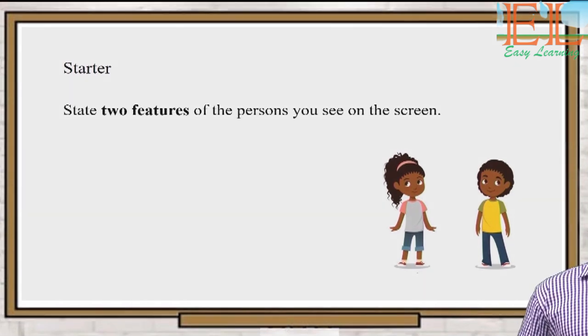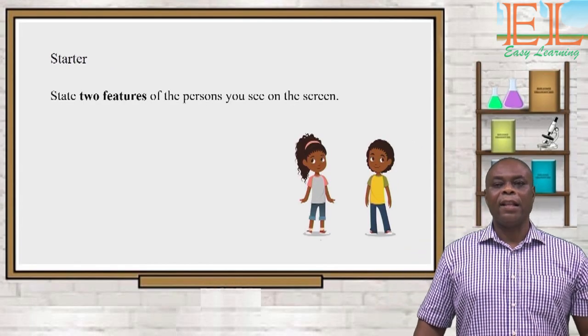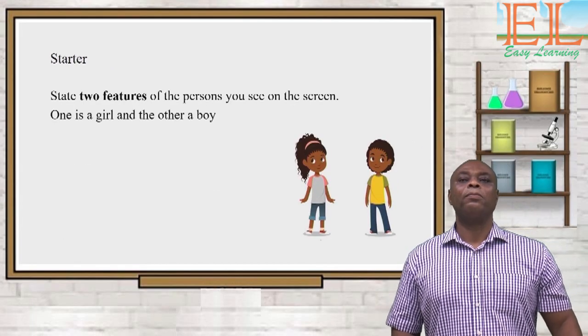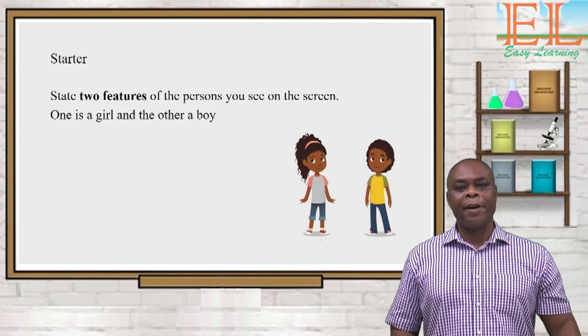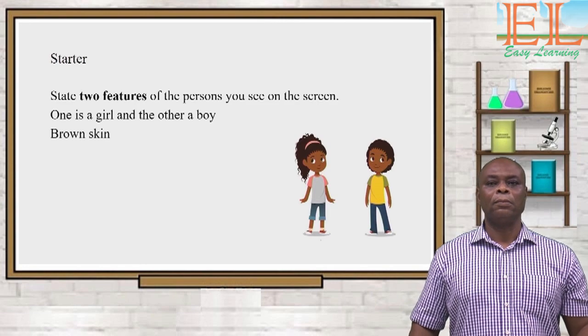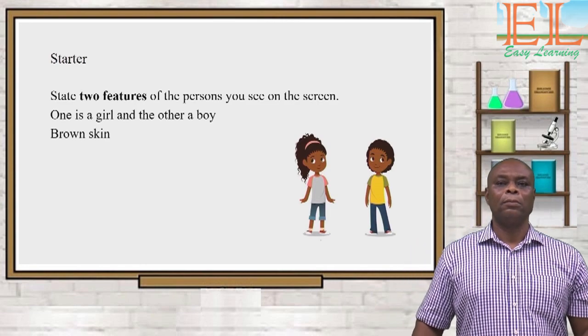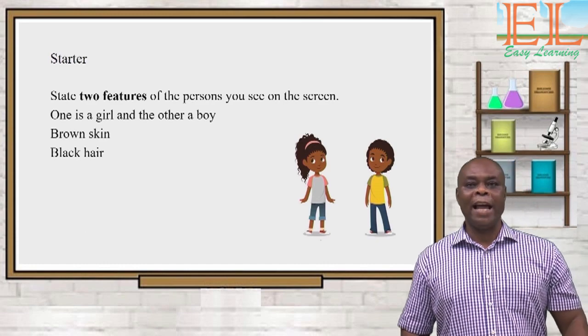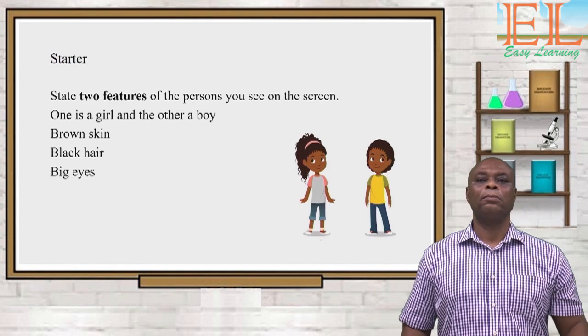Now your guess is as good as mine. Looking at them, one is a male and the other is a female. Again, they both have brown skin. They also have black hair and also have big eyes. Let's limit the features here.